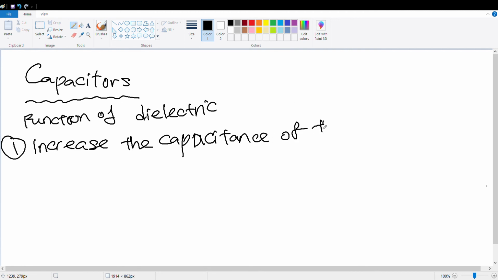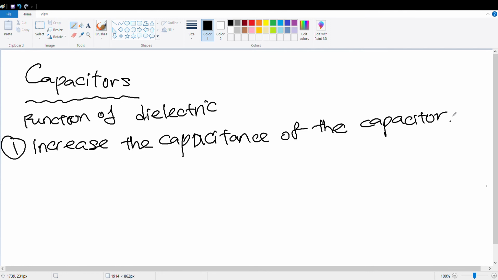This is the function of the dielectrics, which helps to increase the capacitance of the capacitor, which stores one coulomb of electrical charge per unit voltage.